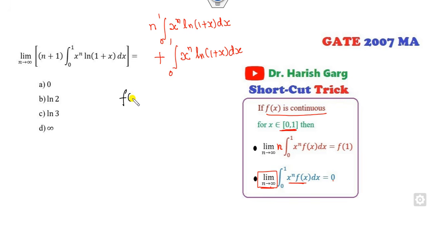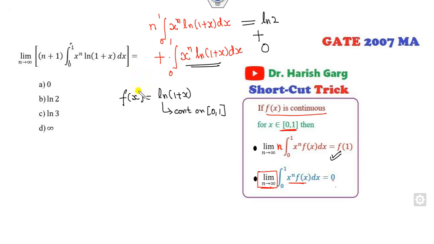Now clearly, if I take the function ln of 1 plus x, which is continuous on 0, 1, so again the domain is 0, 1, then on this side it is the f of 1. So what is f of 1? It is ln of 2 plus, because there is no n appearing, the answer will be 0. So what is the right answer of this? ln 2 plus 0 is ln 2, the right answer.